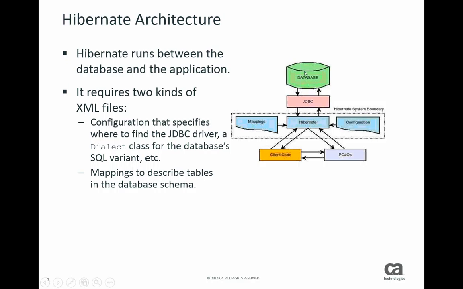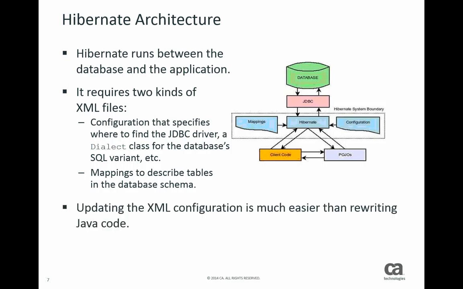For each table you want to use in the database, you need a mapping XML file that describes the schema of that table. But the point is, developers get to interact with POJOs, and it's going to be significantly easier to just update these XML files as our database evolves instead of rewriting code.